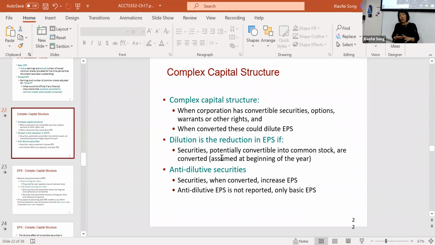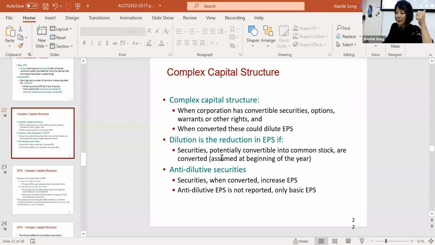Now, there's one thing we need to remember: diluted earnings per share cannot be more than basic earnings per share. It is possible that when you include some of these potentially dilutive securities in the computation, earnings per share goes up.